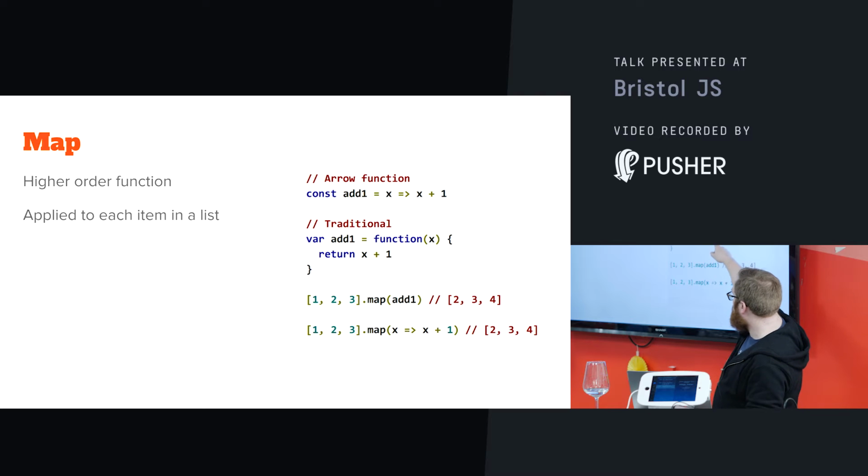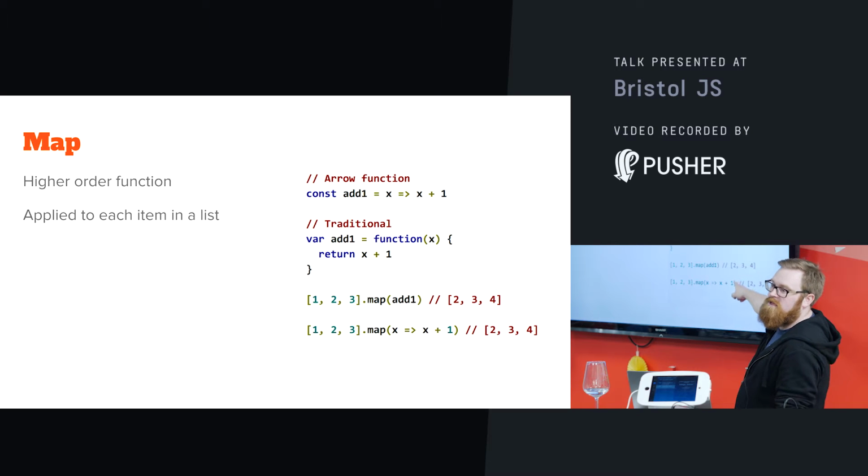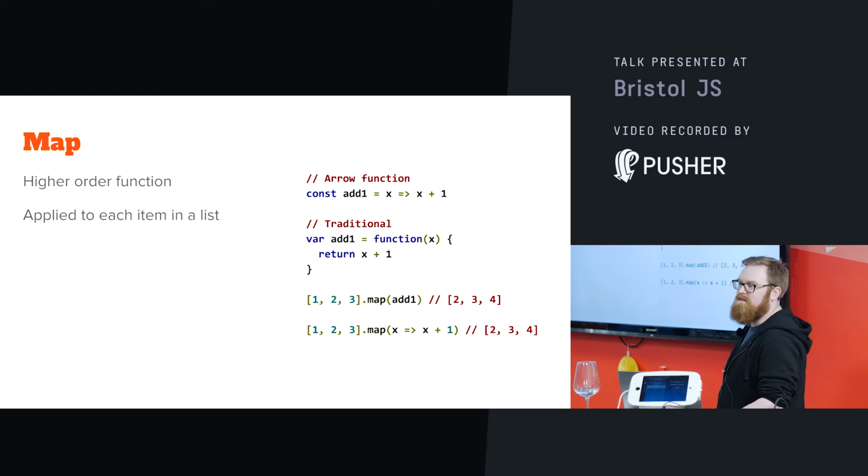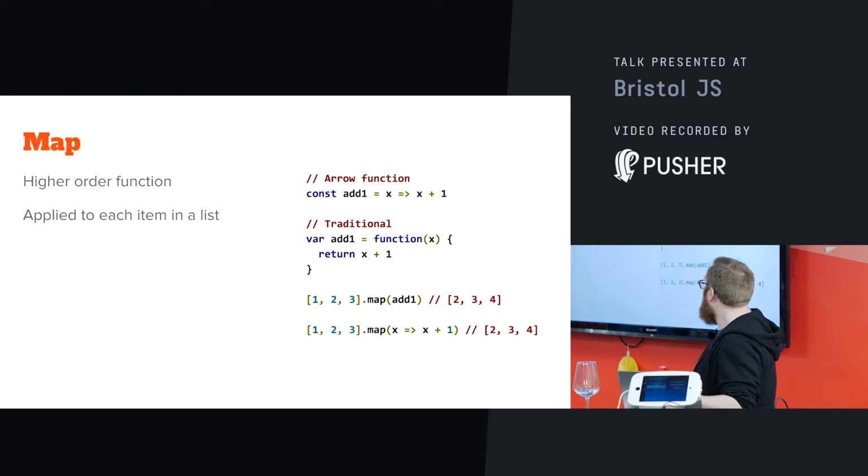So for example, if I got this function up there, add 1, is everyone cool with the arrow syntax? I've done the more traditional pre-ES6 version there for people who are not used to the arrow syntax, but I've got add 1, which takes an x and adds 1 to the x plus 1. So if I call 1, 2, 3 map, add 1, the result should be 2, 3, 4. Pretty simple. I've also got an example there where we've used an anonymous lambda function for the same thing. So that should catch you up on map.